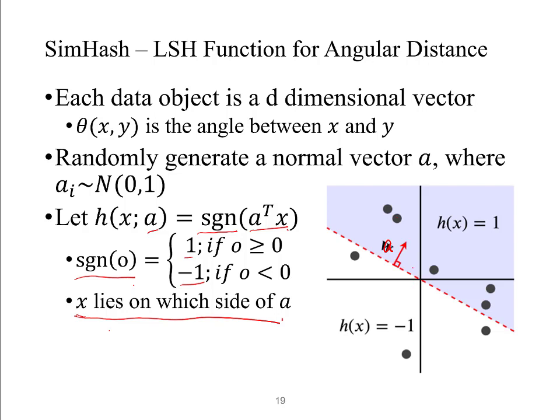So as you can see here, these points on the same side of A have hash value 1, and for these points, the hash value is minus 1. So why does this sign hash, which looks really simple, or at least simpler than min hash, work?